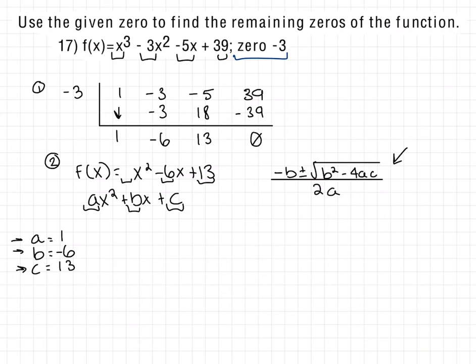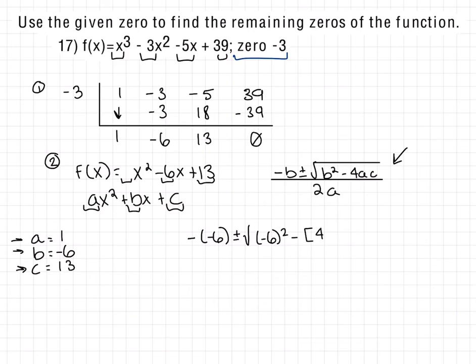So we're going to get negative 6 plus or minus the square root of negative 6 squared minus, and I always like to put a bracket just so I know to subtract the entire thing.